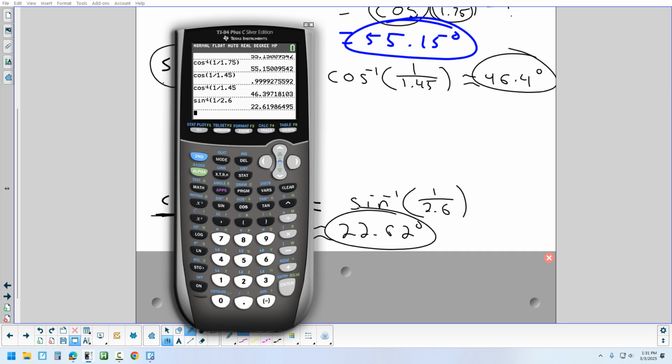Everybody know how to type in the last thing you did on the screen? If you want to redo it, you don't have to type it all over again. You can just put it in radians, and then press second, enter. And it'll type the last thing. And if you keep pressing it, it'll keep going back through other things. Maybe it goes back 20 or 30 things.